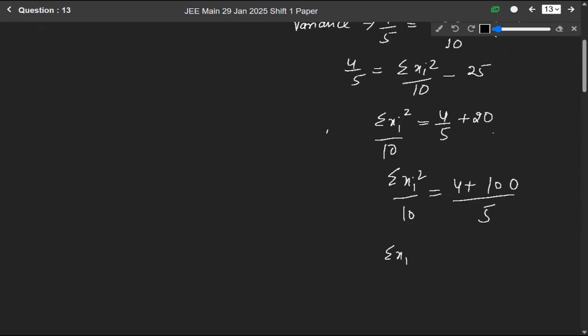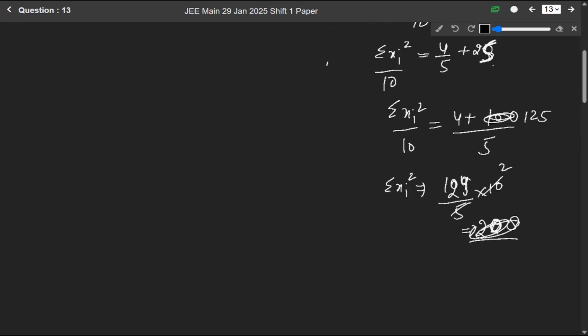So sigma xi square will be 129 over 5 into 10, 5 2s are 10, so it will be 258. So sigma xi square will be 258. Let us say this is equation number 1.